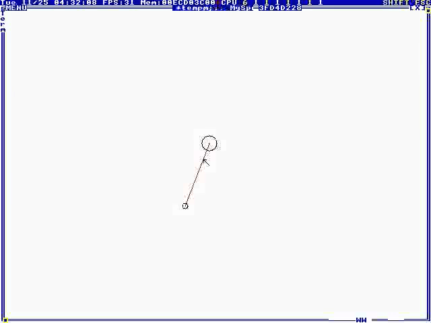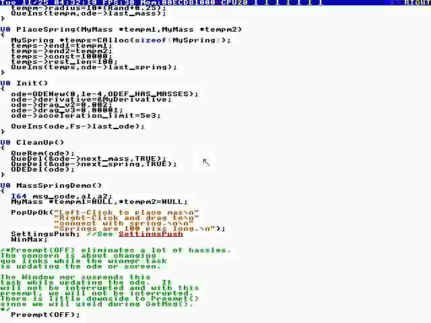You see how they stop moving? Watch what happens if I put 2 zeros in here and 2 zeros in here. Now watch what happens. You see how they're vibrating a long time?